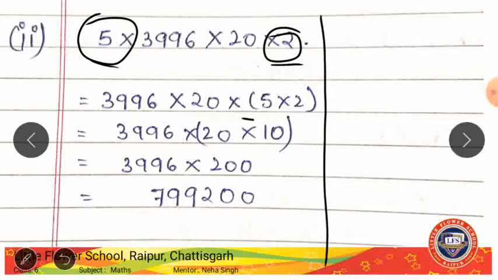First we'll multiply this 5 into 2, which will be 10, right? After multiplying this 5 into 2 to get 10, here we'll take the number 20 inside the bracket.